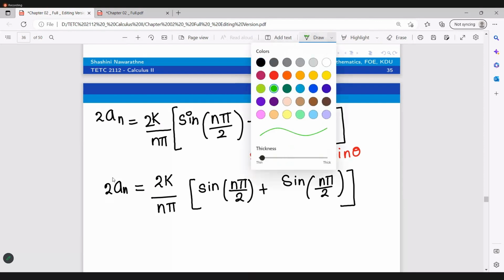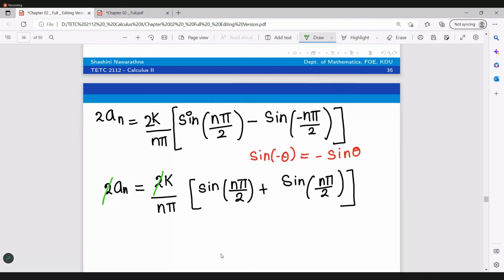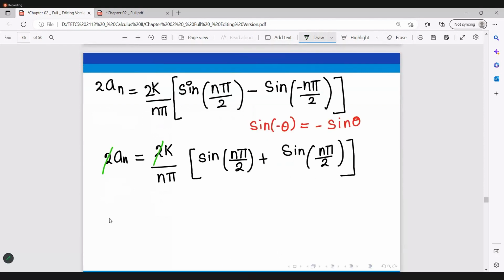Here we can cancel this 2 with 2. The remaining part is an is equal to k over n pi, and here this is sine n pi over 2, this is sine n pi over 2. If we add those two terms, what is the answer? 2 sine n pi over 2.